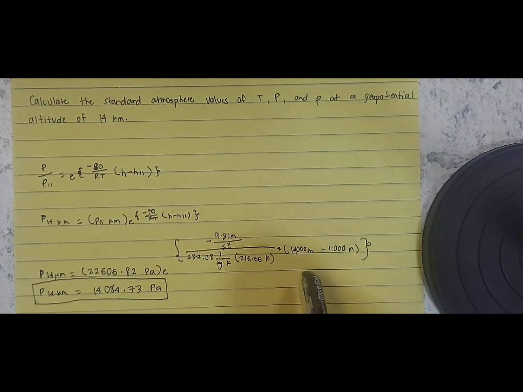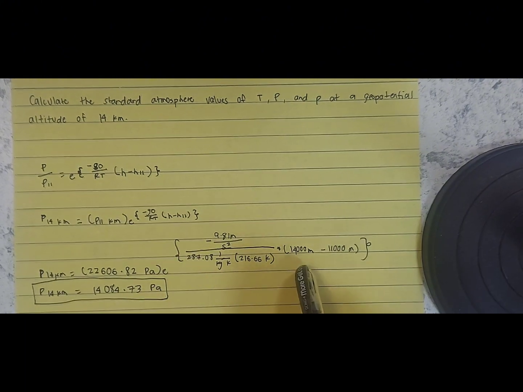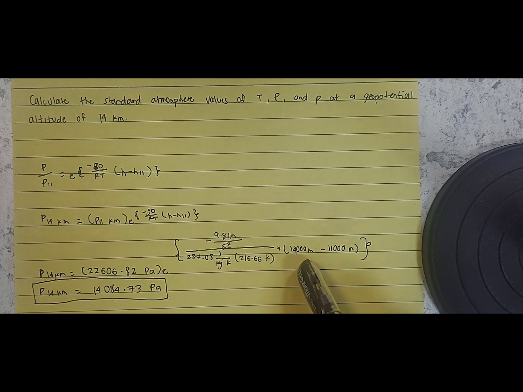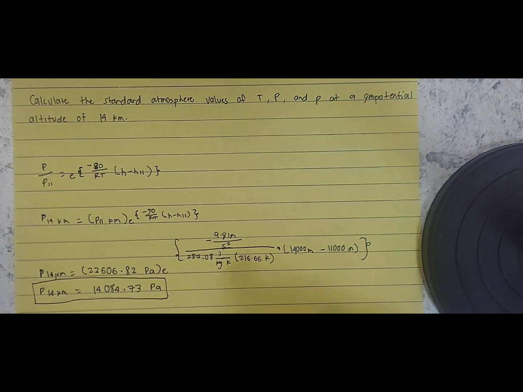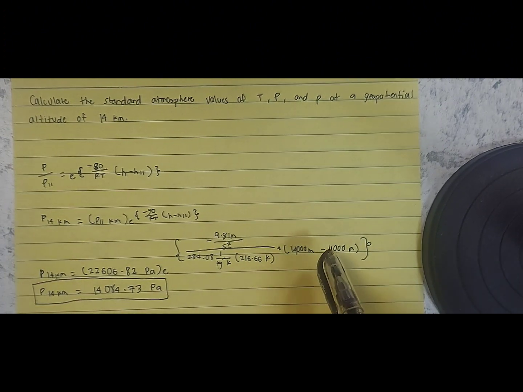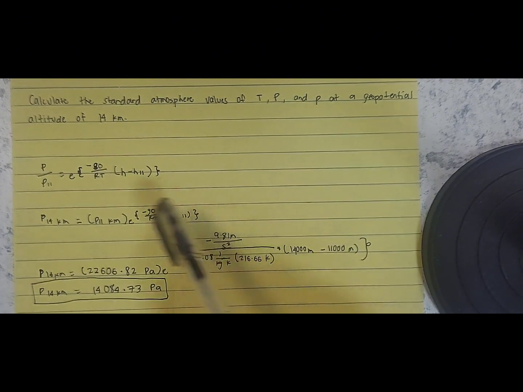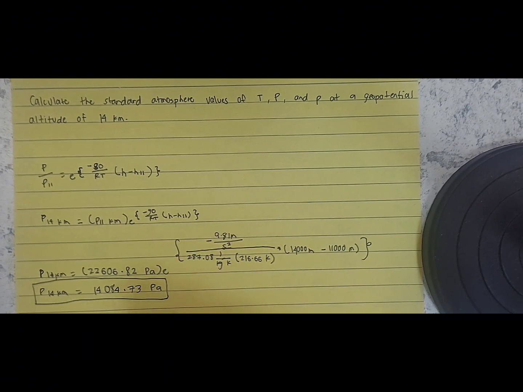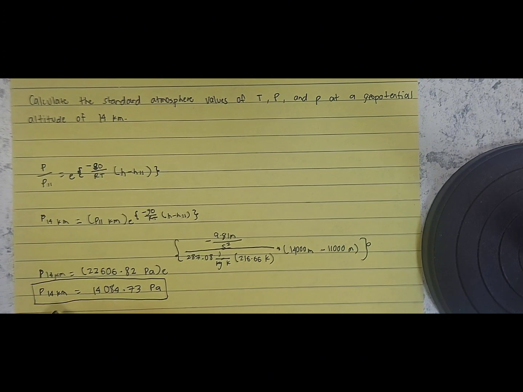So, lahat is na-substitute na. Yung difference in height will be expressed in meters, not in kilometers, kasi magkakamali yung solution. So, once na substitute na lahat, you can calculate it using your scientific calculator.